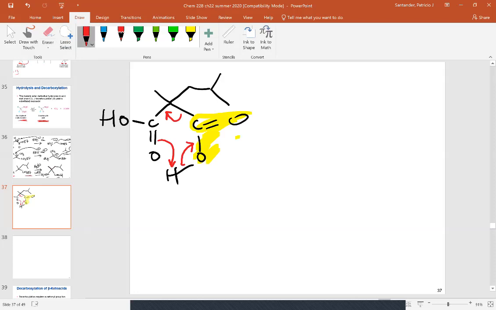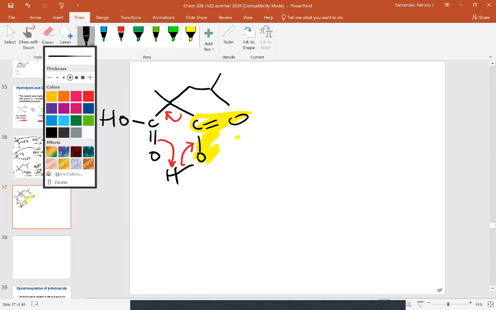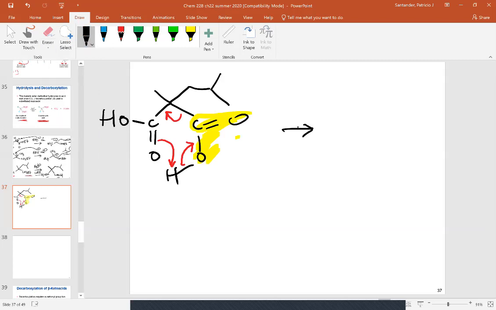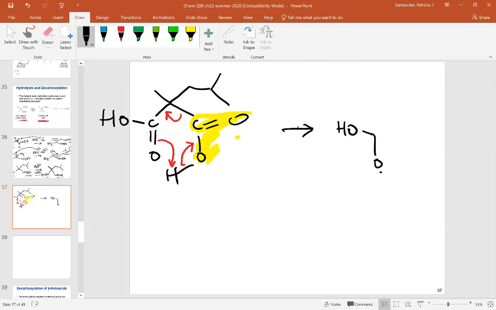So what do you get there? Well, so you will get HO, C, O. Now this is not a carbonyl group anymore, right? So then now we have an OH there, and we have a double bond there, attached to the methyl and to the CH2 isopropyl, right?